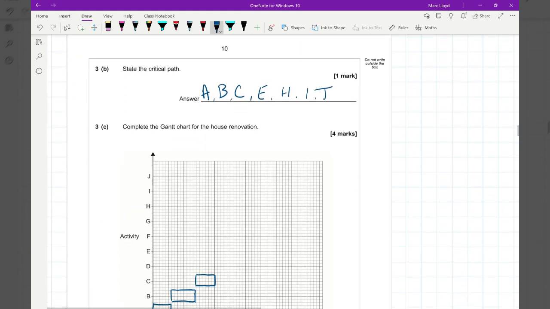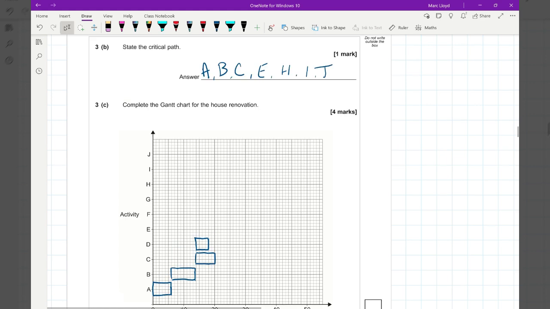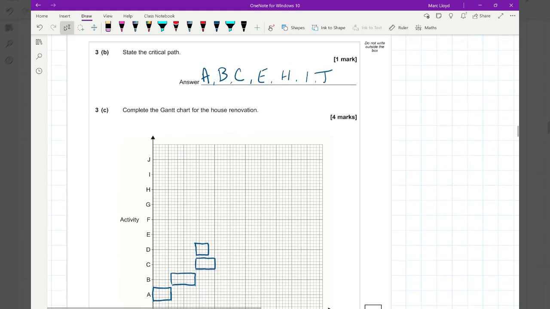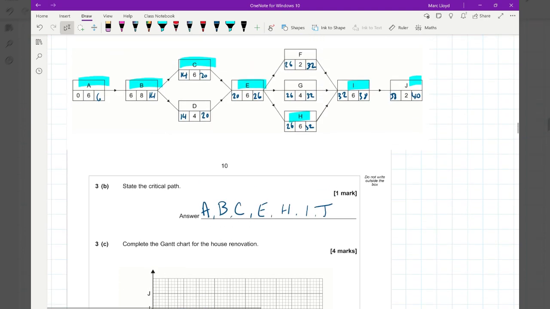D is not critical, starts at 14, goes for 4, and then we've got a bit of float time, which is 2. So again, that could finish at 20. There we go. So they could start the project a little bit later on that one.